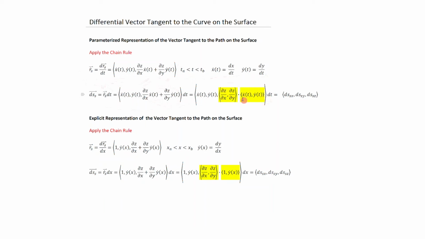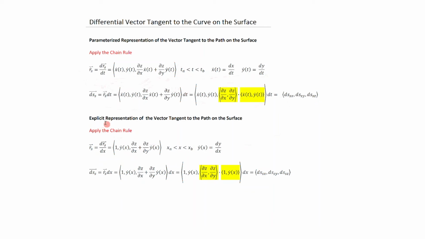If we take their dot product, we end up with the original expression. But this is useful because we now have this new vector, which we're going to give a physical name. This (dx/dt, dy/dt) is the tangent vector, done in the xy plane. So these values that you see here are represented by the x component of the differential arc length, the y component, and the z component.